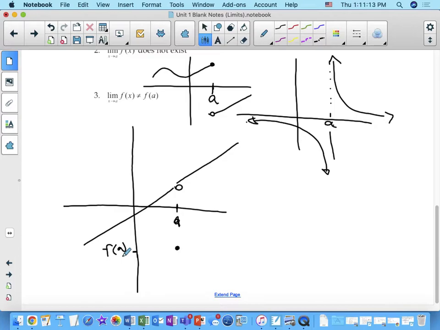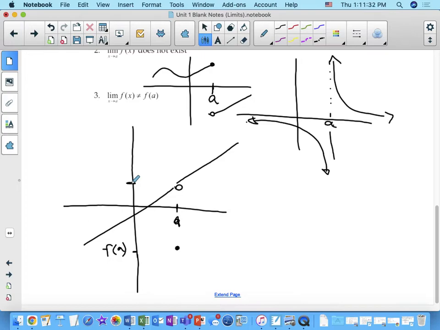Okay, so the function is defined at a. It's not continuous at a, though. And the value of the function is not the same value as the limit of the function, because the limit at a is whatever this is right here, right?